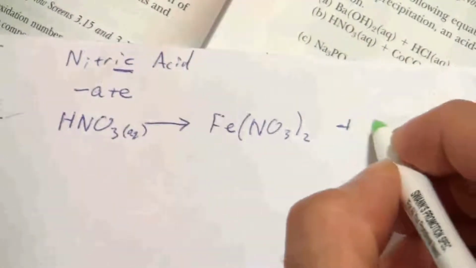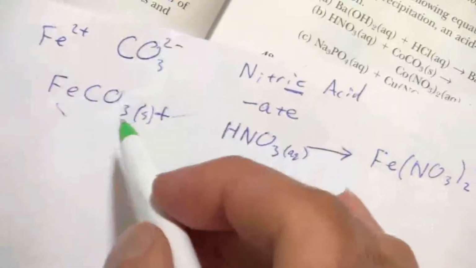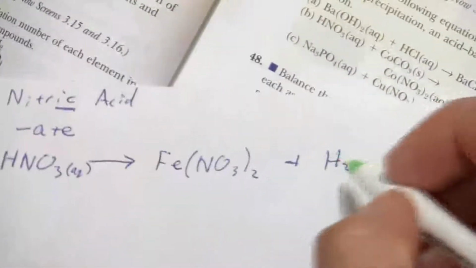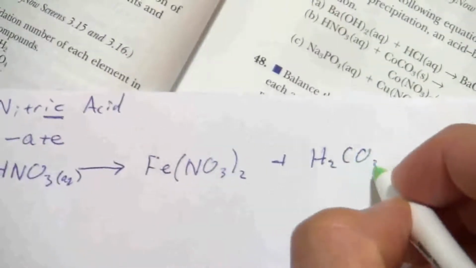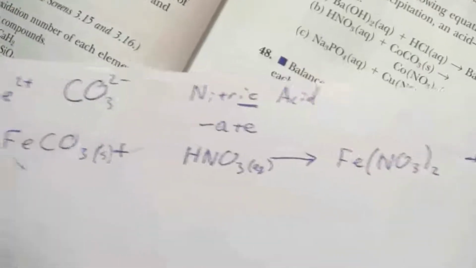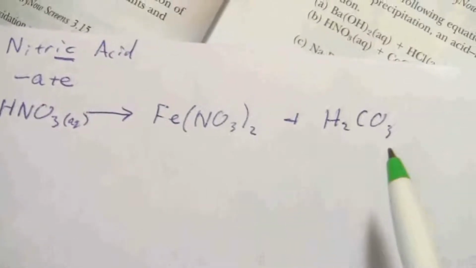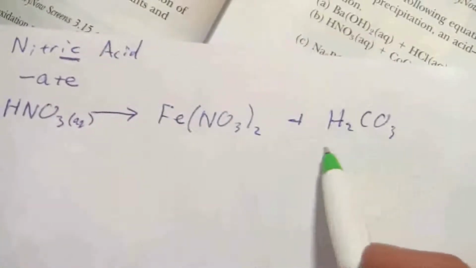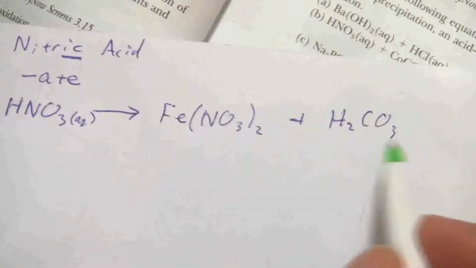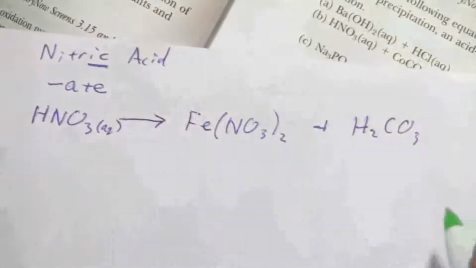Carbonate is a -2, so I need 2 hydrogens, each being a +1, to balance that out. All right, so there's my equation, but I need to realize that this H2CO3 is carbonic acid, the carbonate, so the -ate becomes -ic acid.